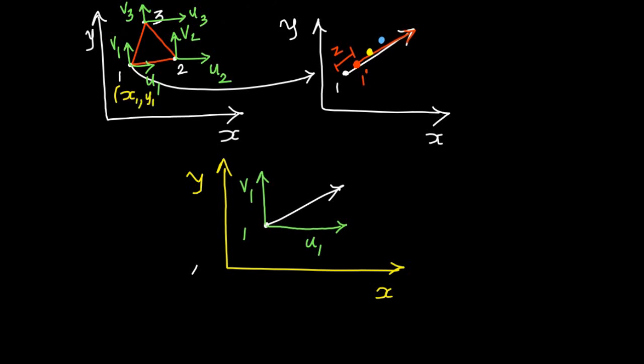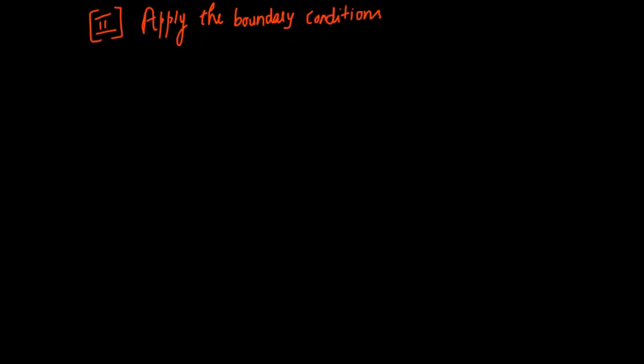Nodal point 2 has coordinate values x2 comma y2. Nodal point 3 has coordinate values x3 comma y3. Now at x1 comma y1, what is the value of displacement along the x direction? u1. That's right.